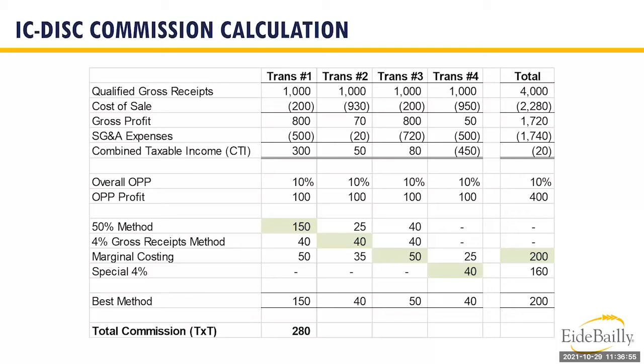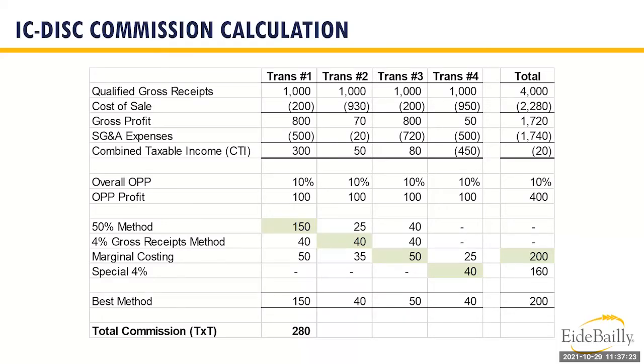So our combined taxable income is $300. Again, our overall profit percentage is 10%. So our 10% OPP multiplied by $1,000 gross receipts gives us an OPP profit of $100. So under the 50% of CTI method, our commission is $150, which is the $300 CTI multiplied by 50%.